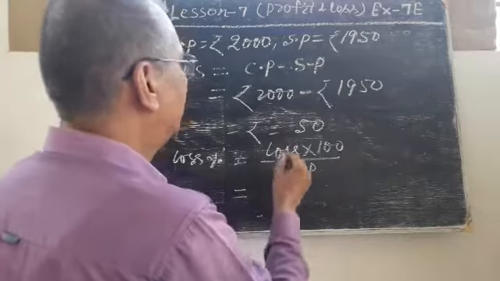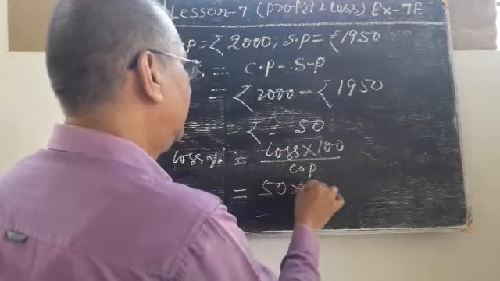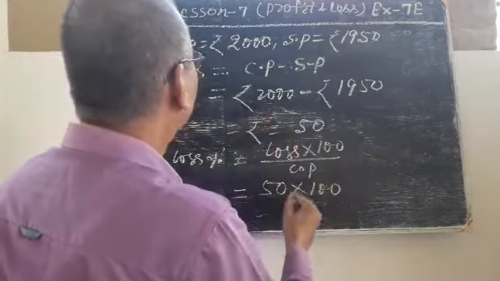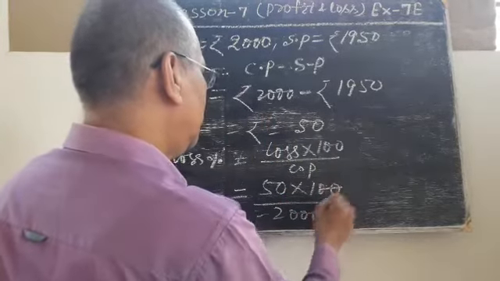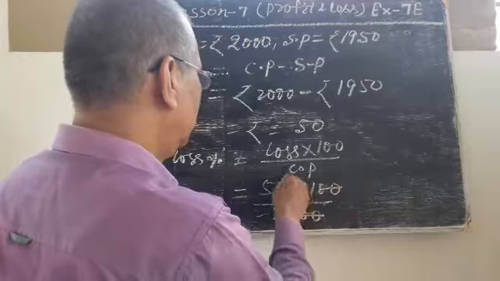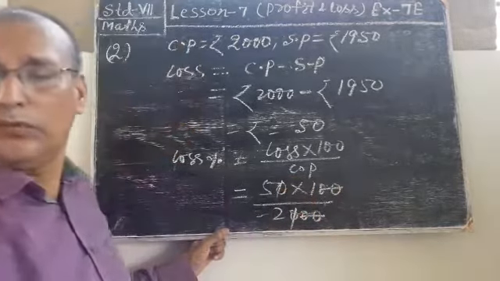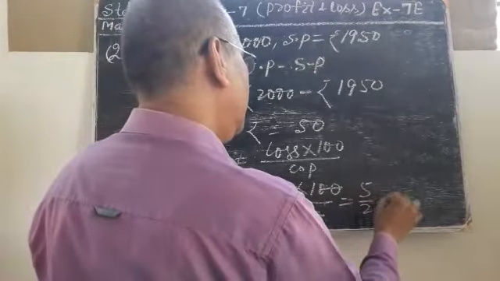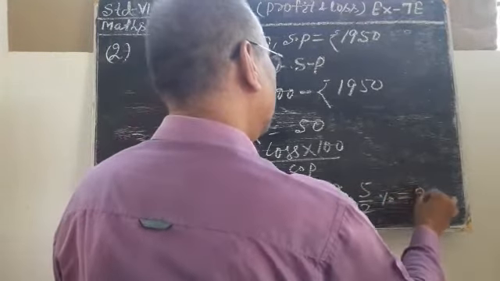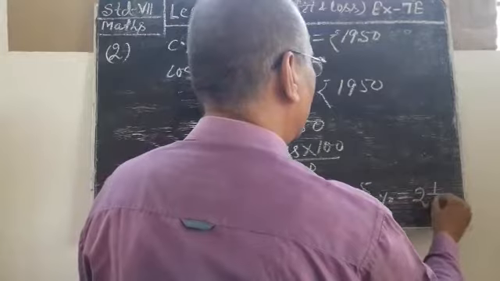So this is equal to 50 into 100 by 2000. This is equal to 5 by 2, that is 5 by 2%, which is 2.5%.